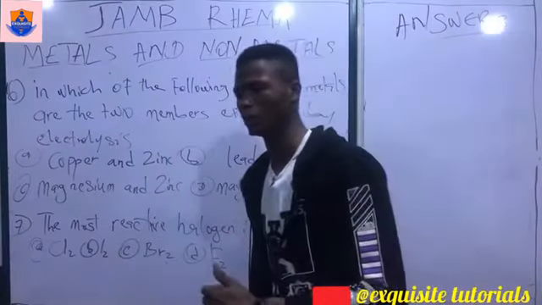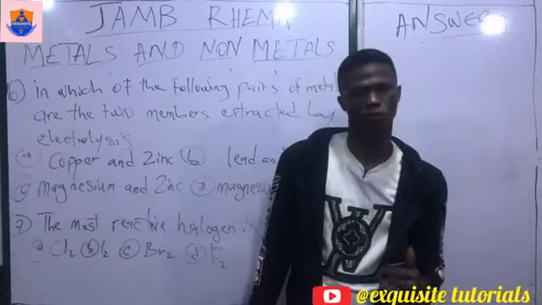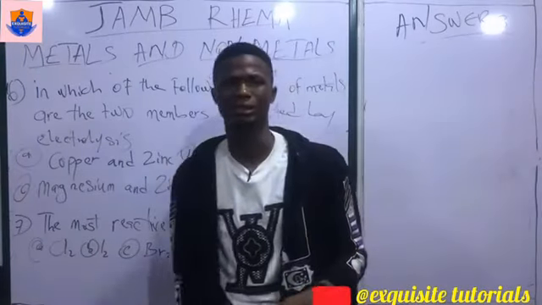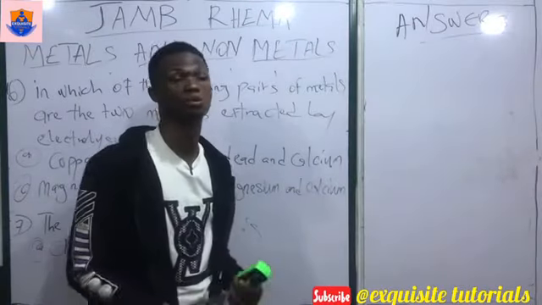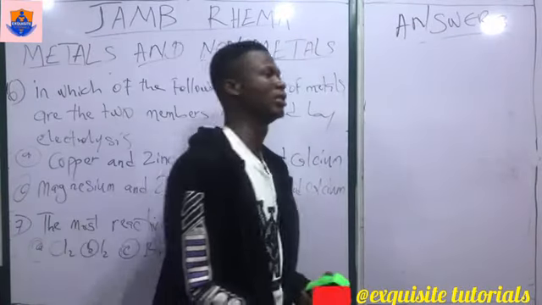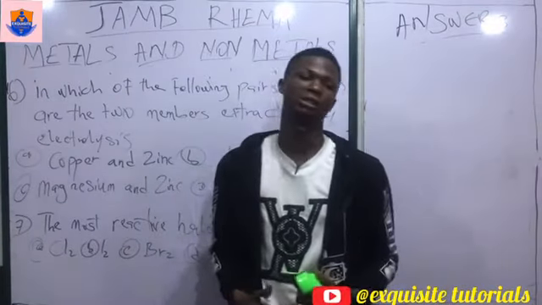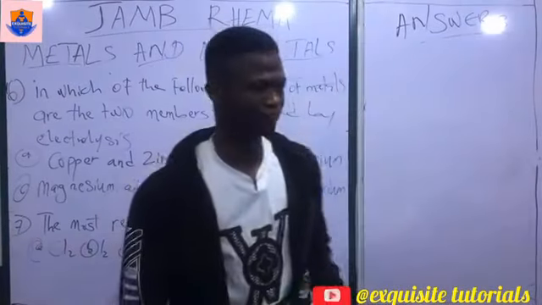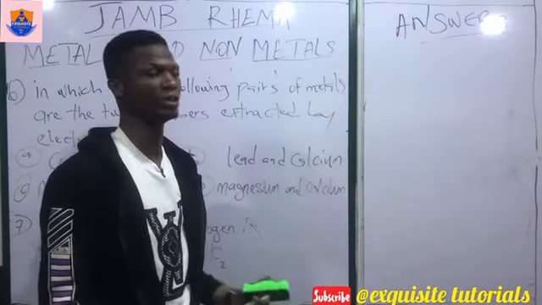Just like we are made to know that most metals are highly reactive, so they do not exist in free state. The reason why most reactive metals like potassium and the rest do not exist in free state is because they are highly reactive, so they exist in compounds or in molten states.